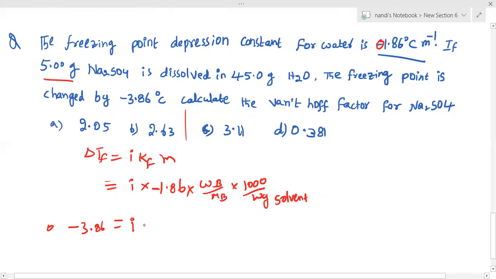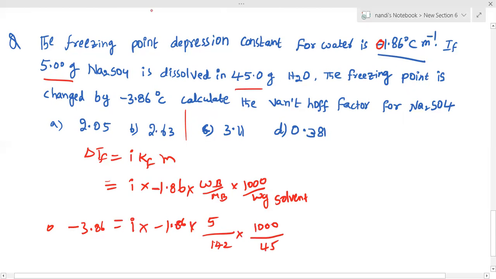Then i value I don't know. Minus 1.86 into Wb they gave, that is 5 grams, and the molecular weight of Na2SO4 you can calculate, I think 142. Molecular weight of Na2SO4 is 142, into 1000 by, what's the weight of solvent? 45 grams.